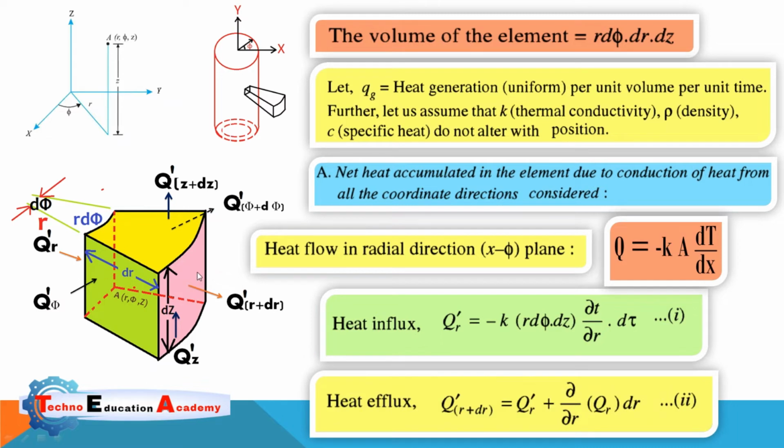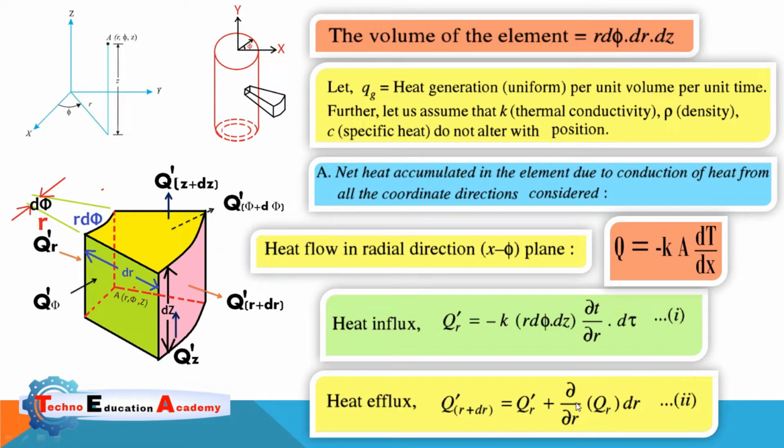Same for heat exit, or heat efflux: Q'r+dr equals Q'r plus del by del r of Qr into dr, which is called equation 2. We can also derive this equation by using the Taylor series. Let us understand how.